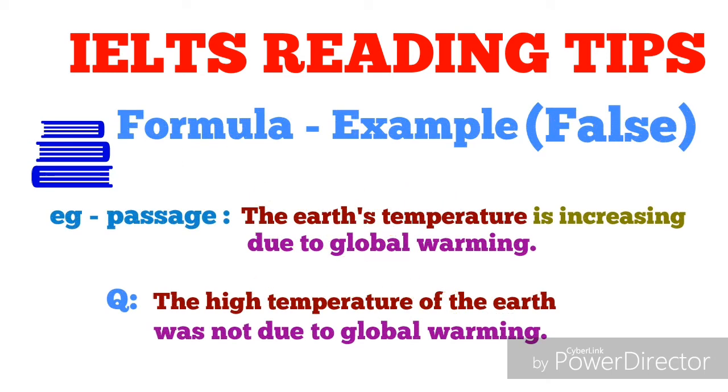Now, if the answer was false, then the question would be like: the high temperature of the Earth was not due to global warming. Here also we can see that there is an explicit contradiction, that is, we can see that the question is not matching with the passage.